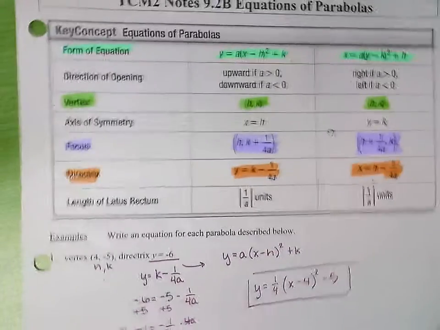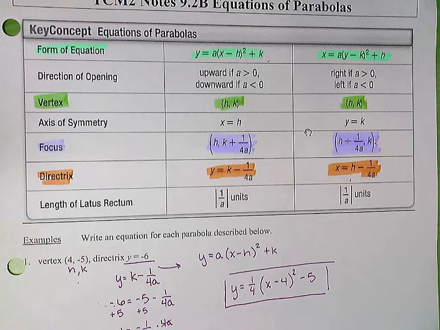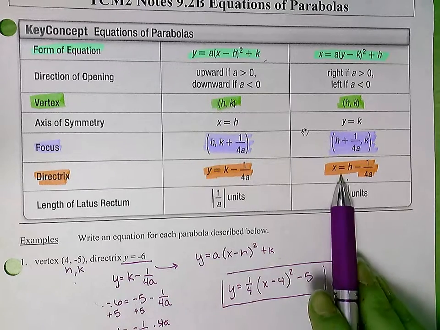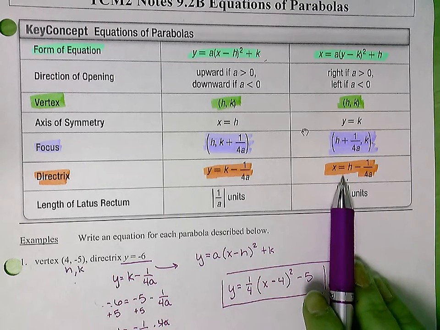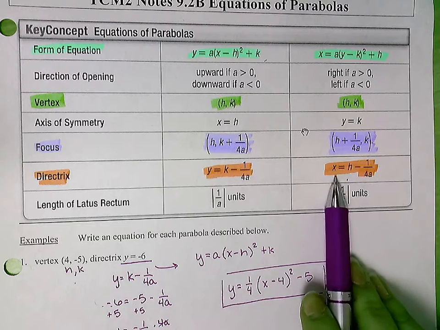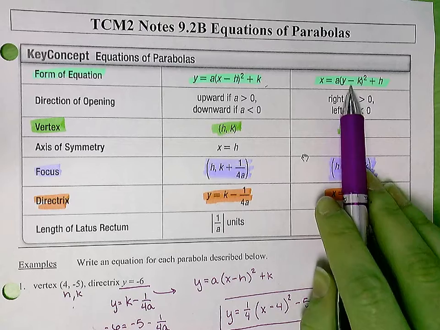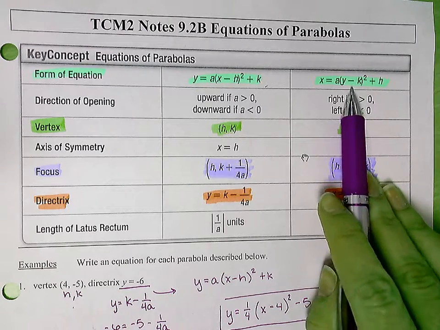So if I look back at the front on my table here, which directrix says x equals? That second one. Okay? So since this directrix says x equals, I'm going to use this form for my equation.